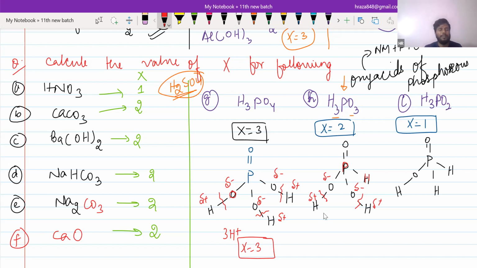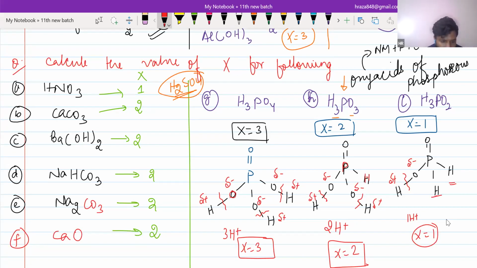Basically, the breakable bonds are polar in nature, and this bond is not polar enough to break. So it will give only 2H plus. That's why X is equal to 2. In the same way, this bond will be easily breakable due to its polarity, and it will give only 1H plus. That's why X is equal to 1. And these bonds will not be broken because they are not that polar. Is that clear?